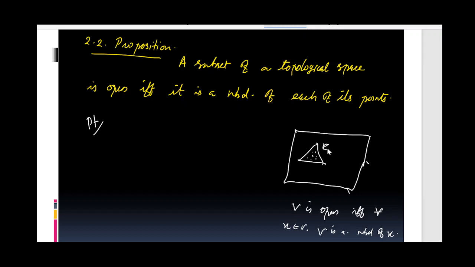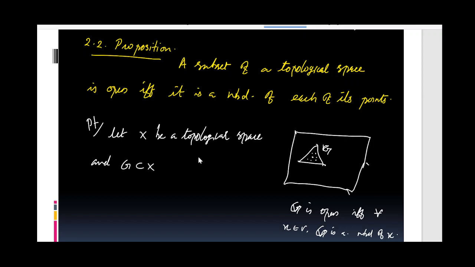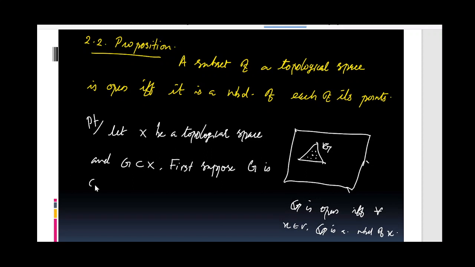We can consider this as G. So our usual system is to define an open set as G. So let X be a topological space, and G is a subset of X. First, suppose G is open.